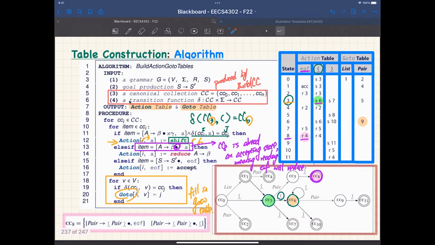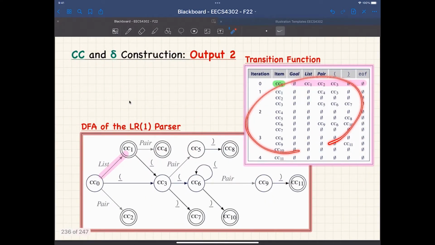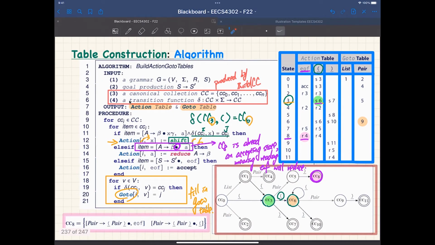And this one here, given the transition table, either is a DFA or maybe just a transition table, okay, transition function. You want to know how you are supposed to fill out the corresponding entry for the shift, the corresponding entry for the reduce, etc. You don't really want to just study the algorithm from the appendix in the exam. You cannot afford the time, right? Make sure you do enough study beforehand, okay?